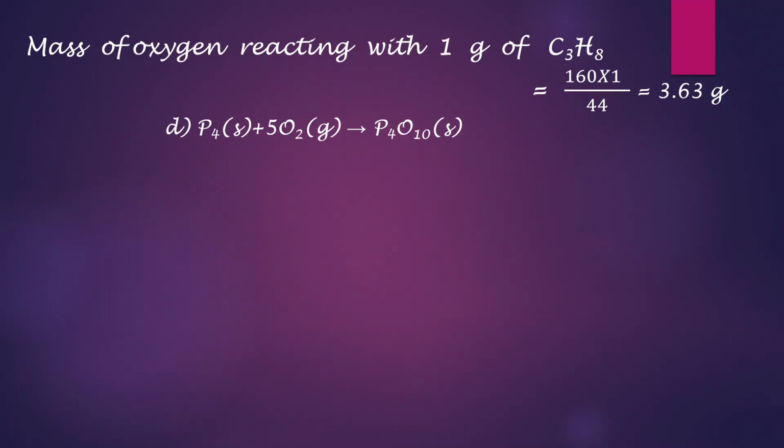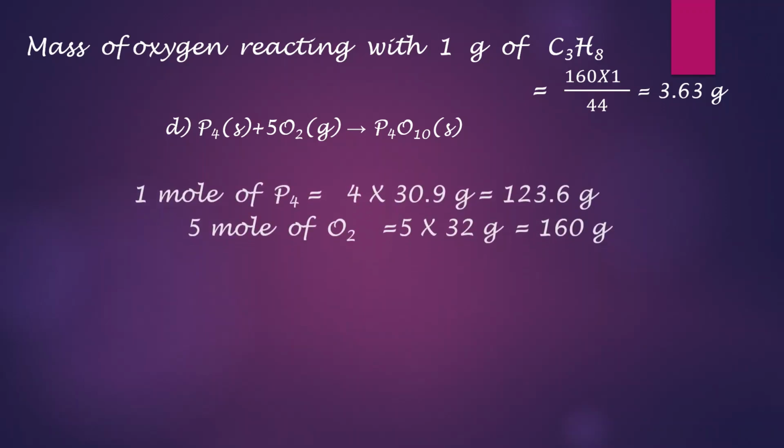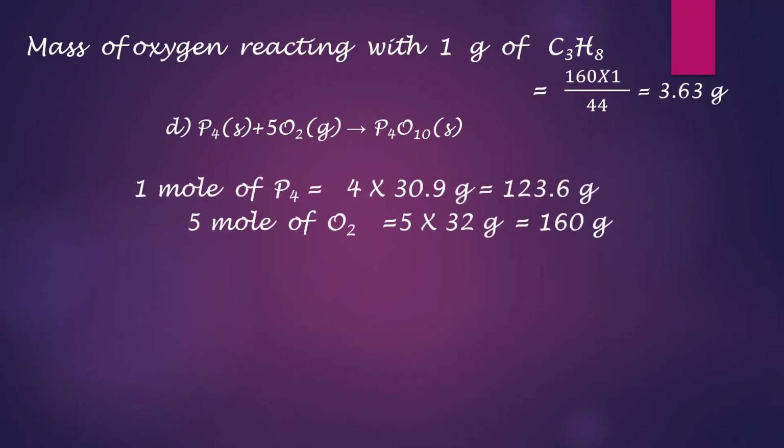Let us take the fourth option. So in the fourth option, P4(s) plus 5O2(g) gives P4O10(s). Now in this reaction, 1 mole of P4 reacts with 5 moles of O2. So 1 mole of P4 is 4 into 30.9, that is equal to 123.6 gram.